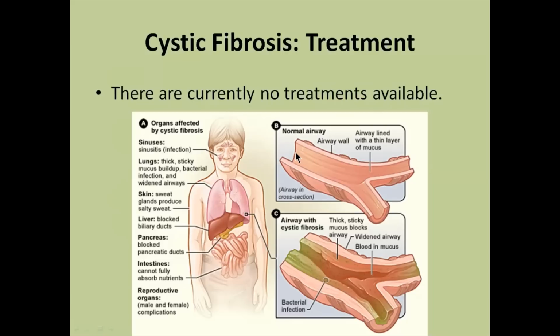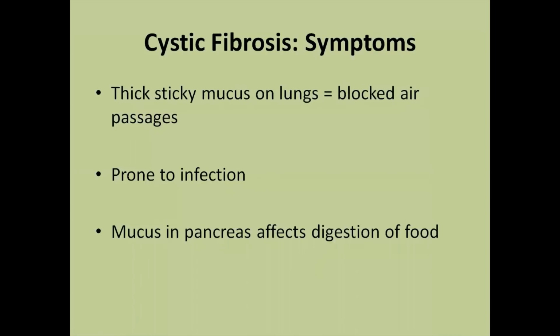Over here, this is a normal airway of a healthy person, whereas in a person affected by cystic fibrosis, thick and sticky mucus blocks the airway, which makes it difficult to breathe. Cystic fibrosis is a recessive condition with a recessive allele, denoted by lowercase c. This means that the presence of two recessive alleles, or lowercase c, will actually cause cystic fibrosis.